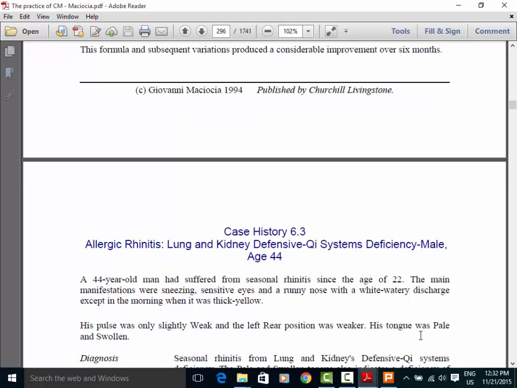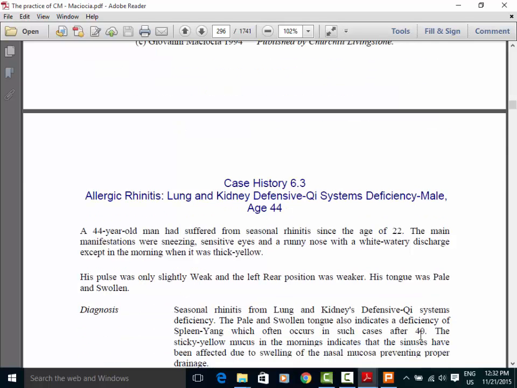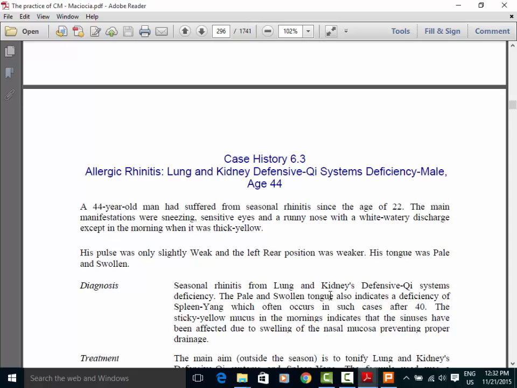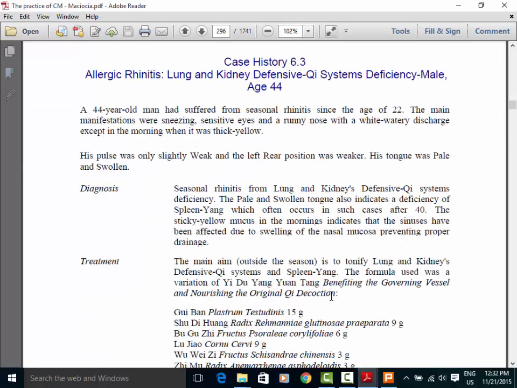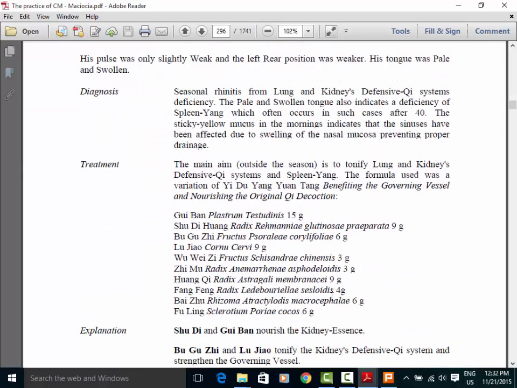Just a minor amount. And that's the swollen tongue. So again, seasonal rhinitis, lung and kidney deficiency, pale swollen tongue indicates that there's maybe a little spleen qi, yang, something like that. All right? Okay.